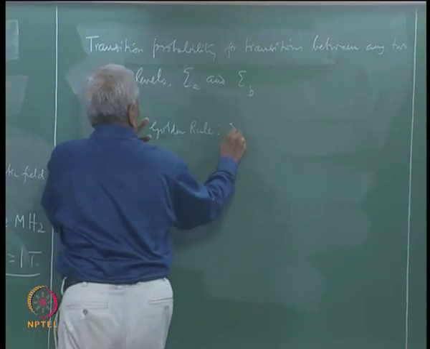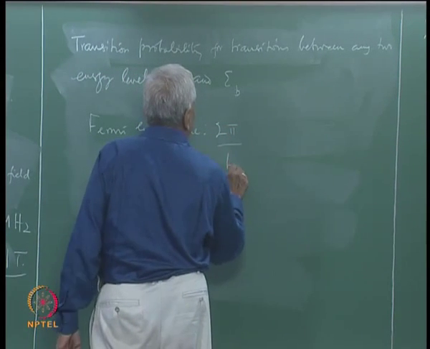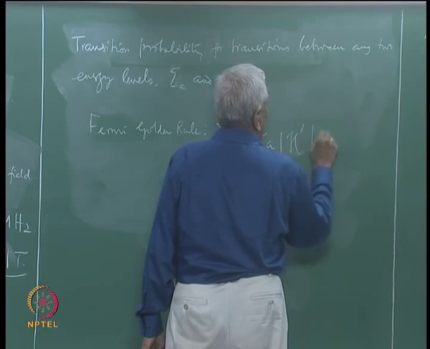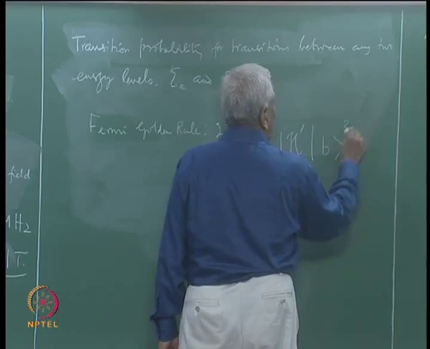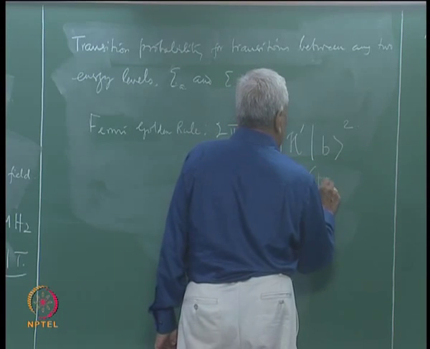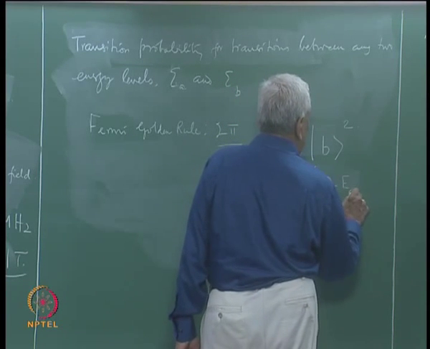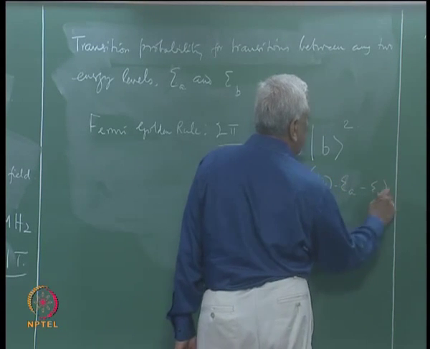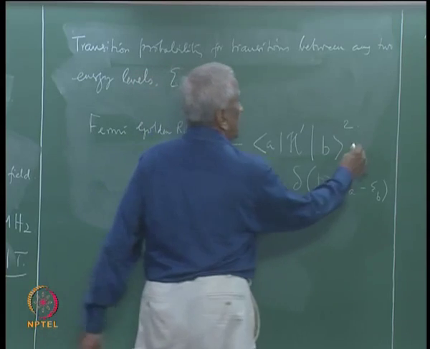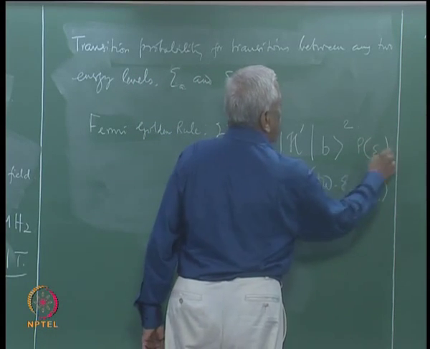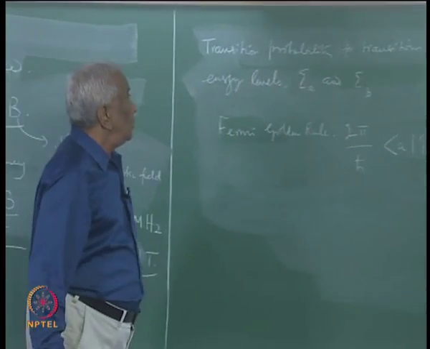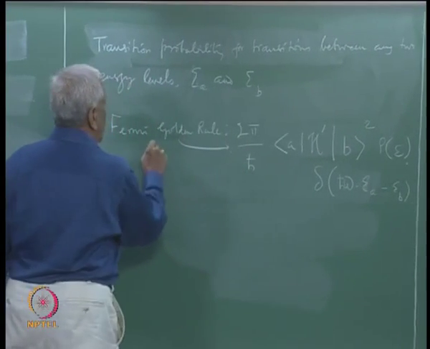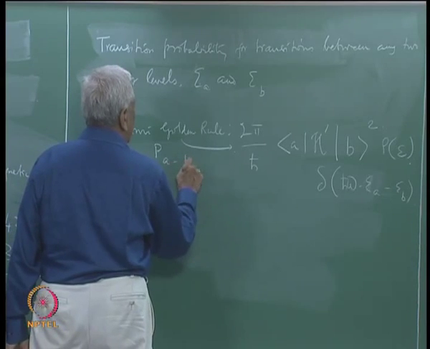Which has the form 2 pi by h cross, modulus of A H prime B squared, delta of h cross omega minus EA minus EB, into, of course, density of states. So, this is a standard expression for transition probability P AB.